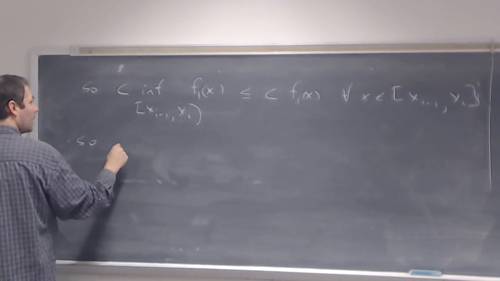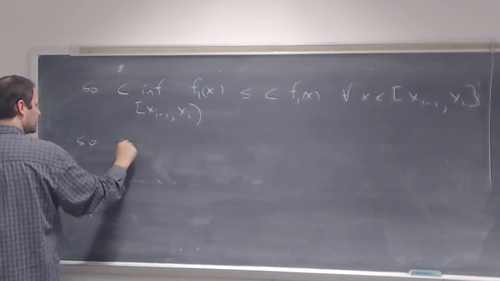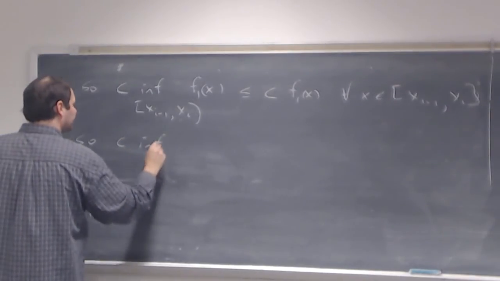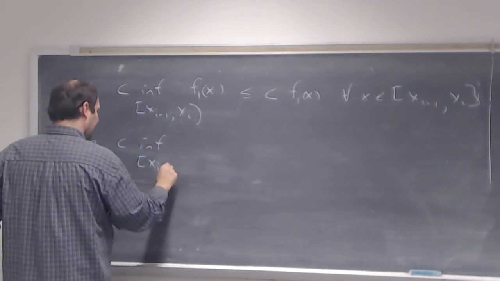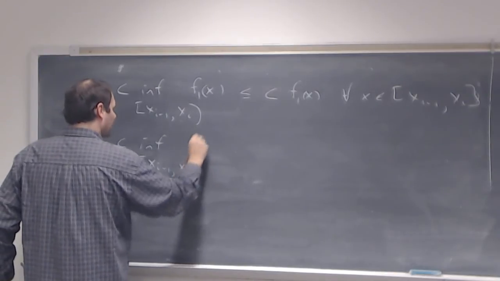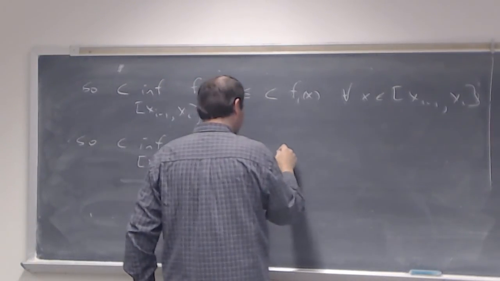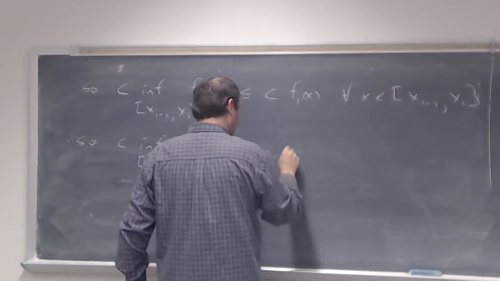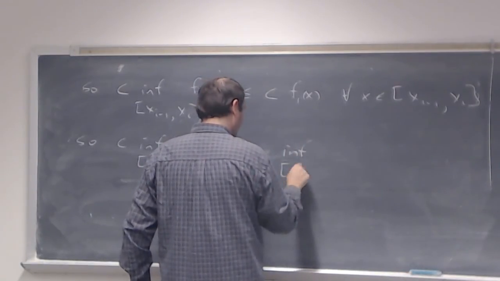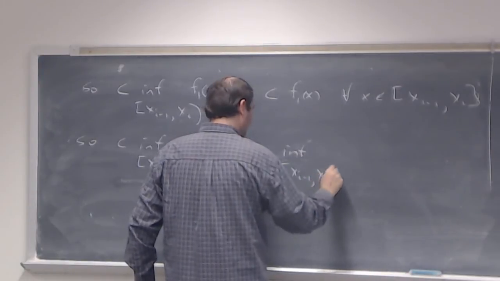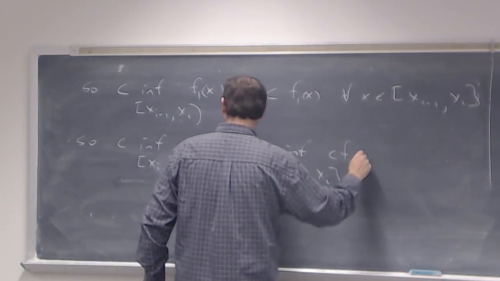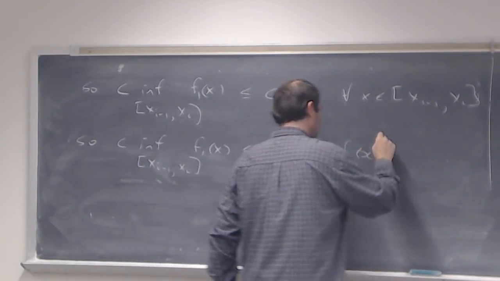So that means that C times the infimum over all the x_{i-1} up to x_i of f_1(x) is going to be less than or equal to the infimum over x_{i-1} up to x_i of C times f_1(x).